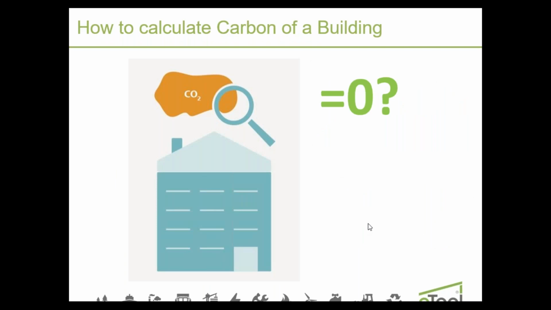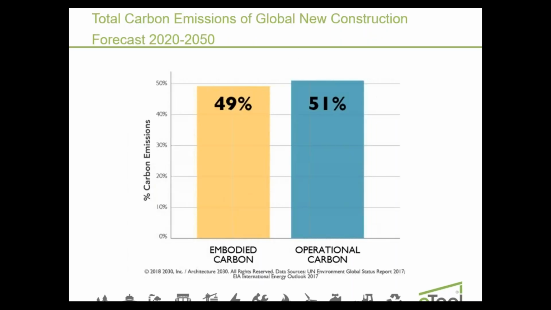Another thing to consider is what is carbon neutrality, and how do we actually measure the carbon of a building? You've probably heard the terms embodied and operational carbon. So what does it really mean? As I indicated before, operational carbon is all about our appliances and HVAC systems that use electricity, power, heat, and water in the house, and they contribute to emissions in the operational phase of the building.